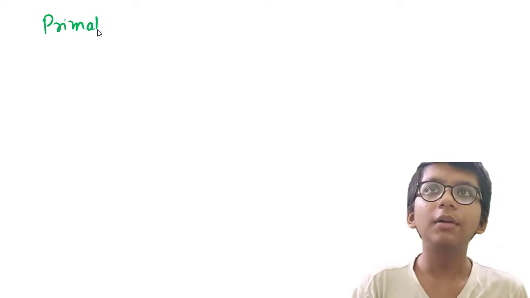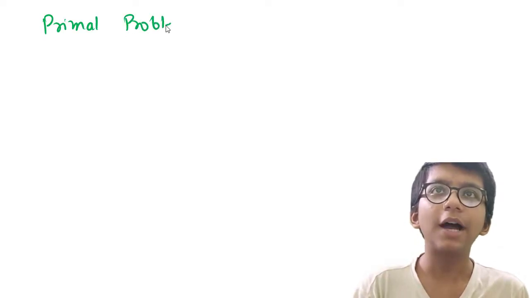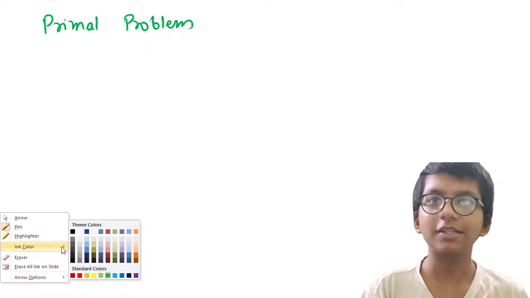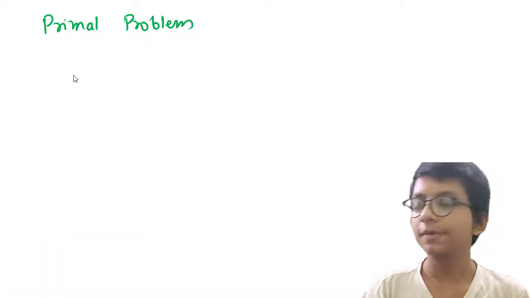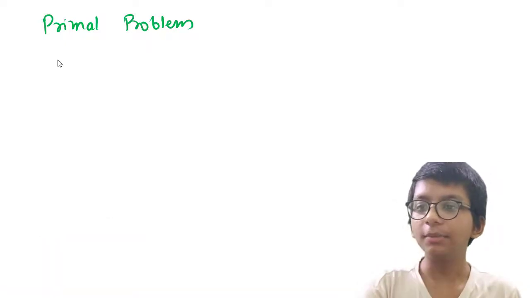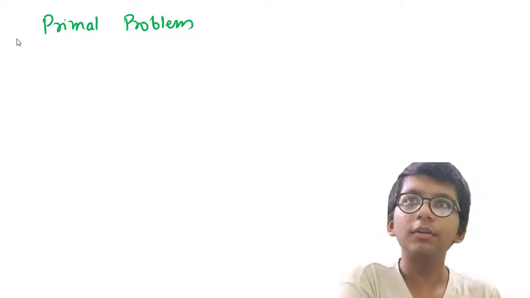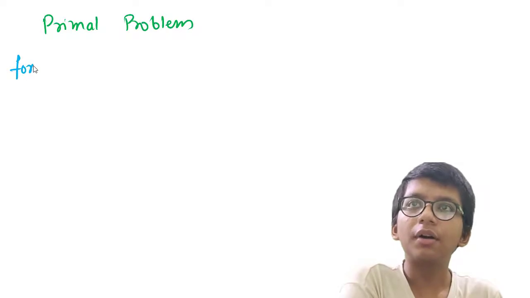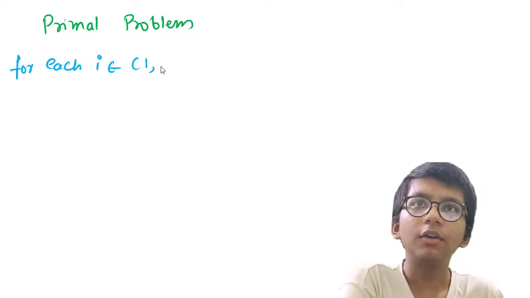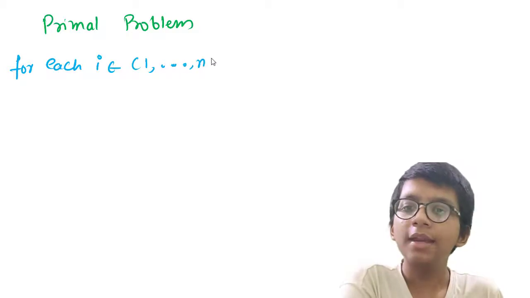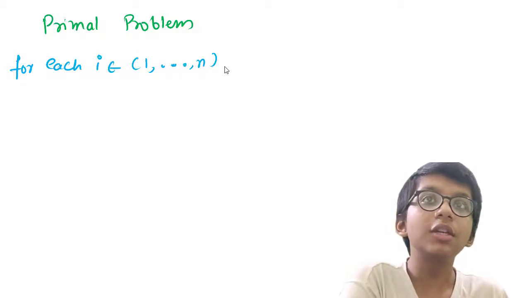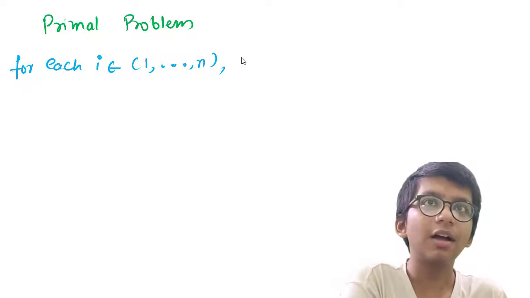Okay, so in the primal problem, I will write it in a clear way so that you can use it as notes. For each i, a member of 1 all the way down to n, you introduce a new variable known as zeta.